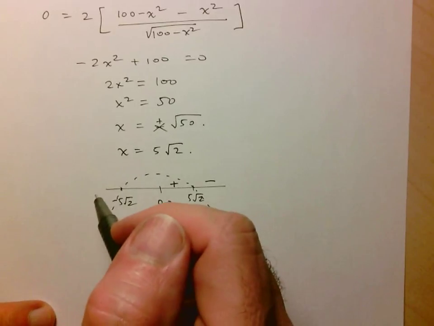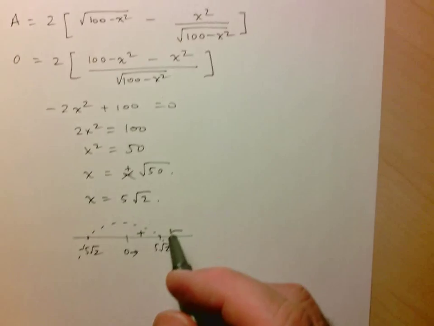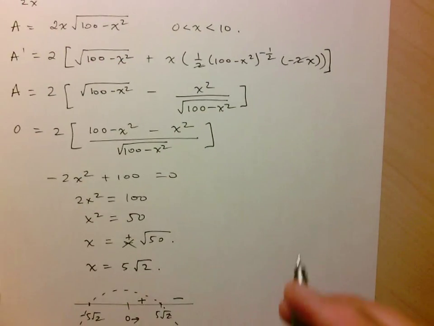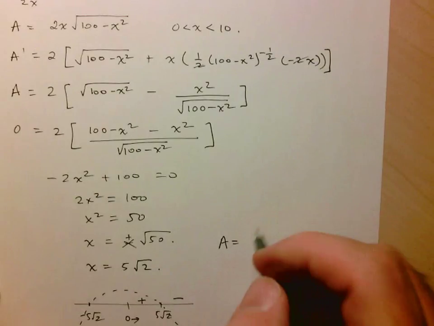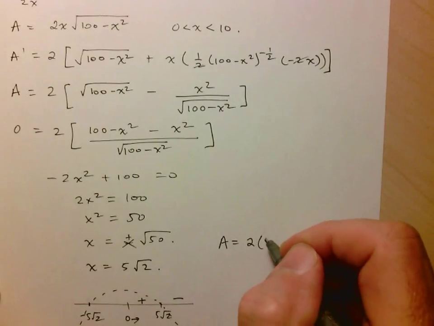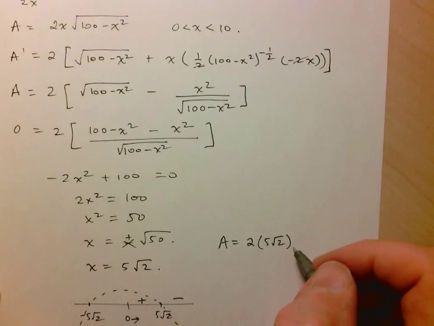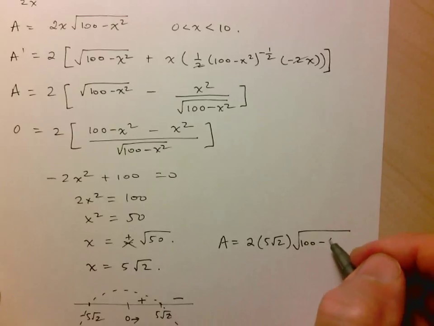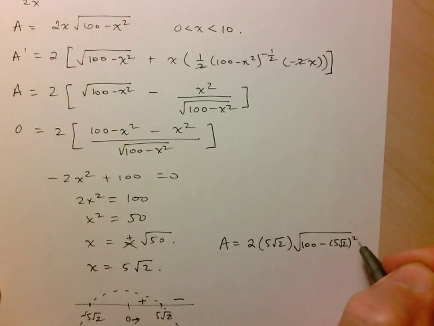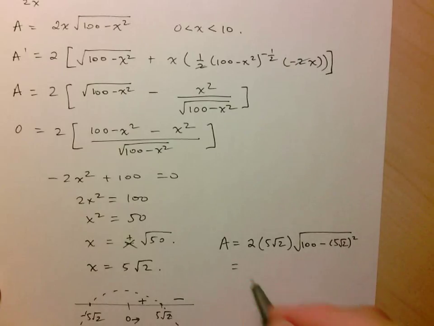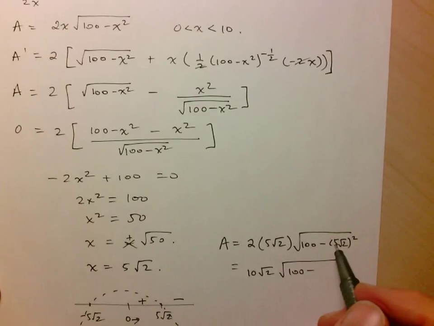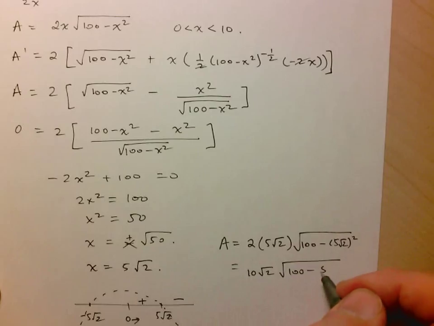So that'll give us the maximum value. Let's just check what they actually want. They actually want the area. So what we need to do is use the area function to determine the maximum area. So area is going to be 2 times x, which is 5 root 2, times the square root of 100 minus 5 root 2 squared. Let's simplify that. Here we have 10 root 2 times the square root of 100 minus, so this is going to be 25 times 2 is 50.